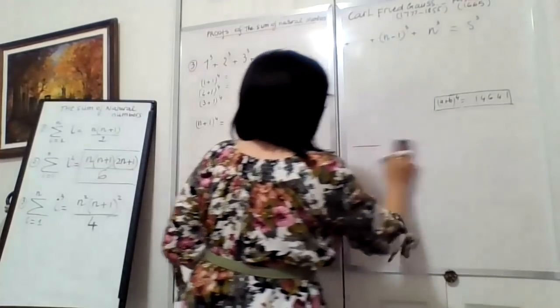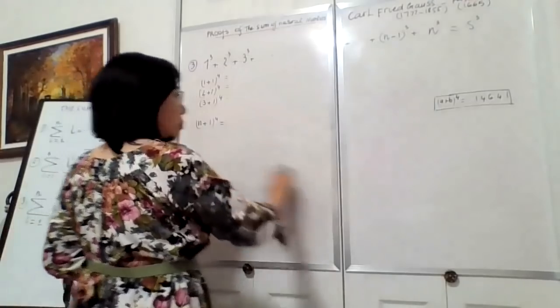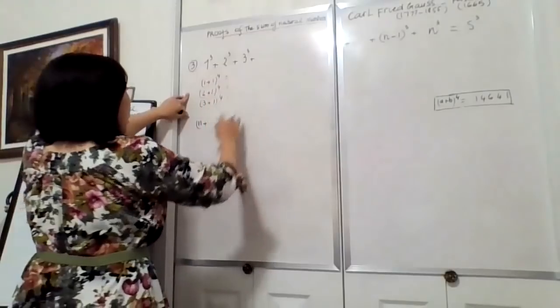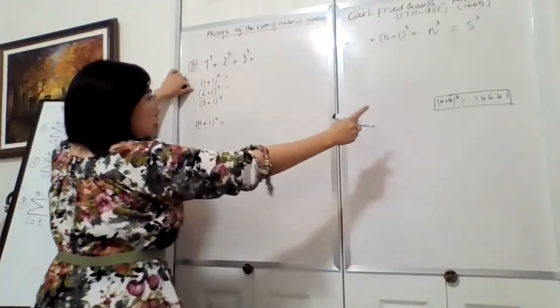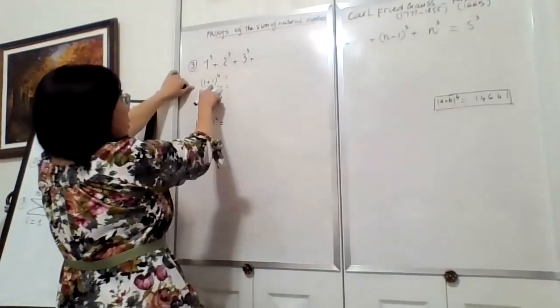I need more room. Okay, so this is on the left side. On the right side, we'll follow this pattern. This is a plus b to the power 4. This is my a, this is my b.